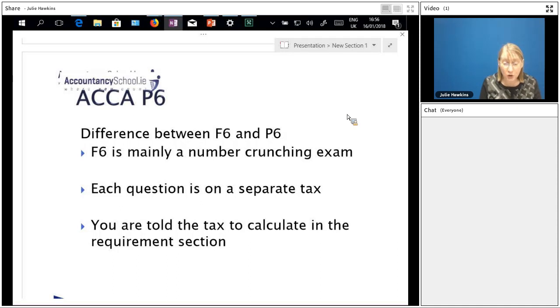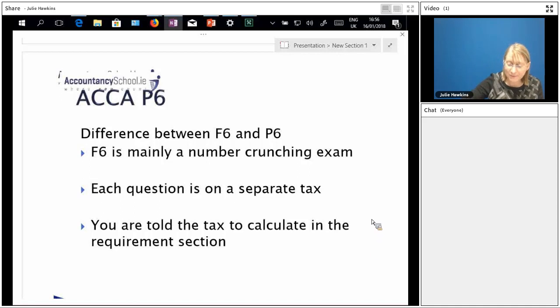So you'll be told to calculate John's income tax, or Byrne Limited's corporation tax. So you're always sure of the tax that you're doing, and you're told exactly the tax to calculate in the question. And 80% of your time is spent working out figures.